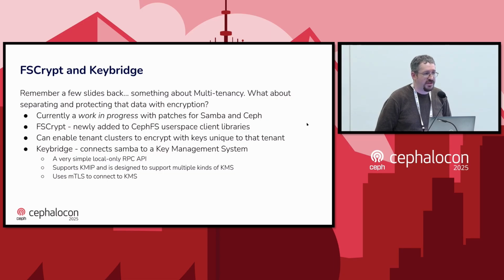Right now, we only support KMIP for our backend, but adding additional backends would be quite easy. We secure our connection to the cloud KMS with MTLS. Keeping things inside of KeyBridge means Samba does not need to know about how to talk to the KMS.